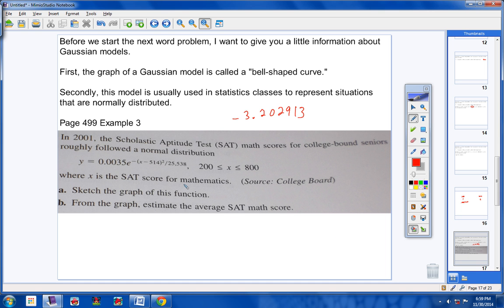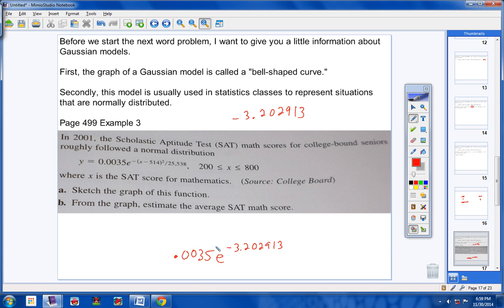That means the entire exponent equals this. So now you have 0.0035 e to the negative 3.202913.